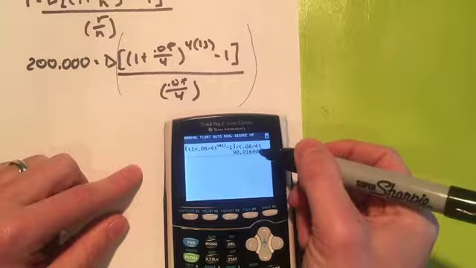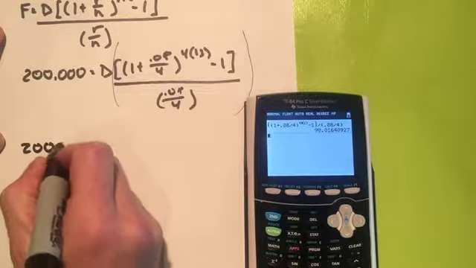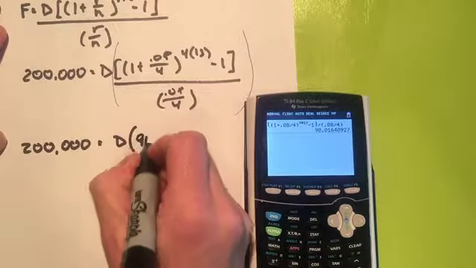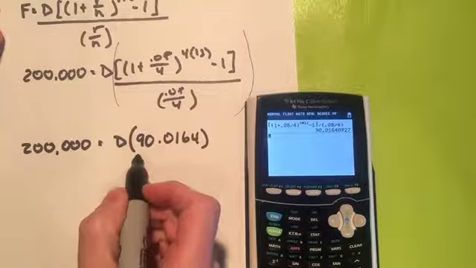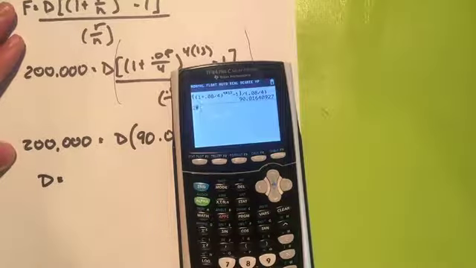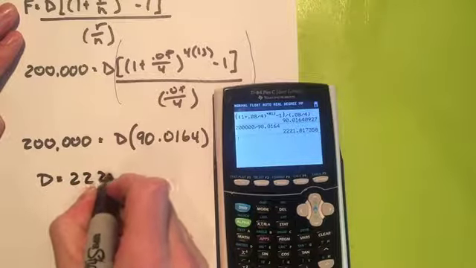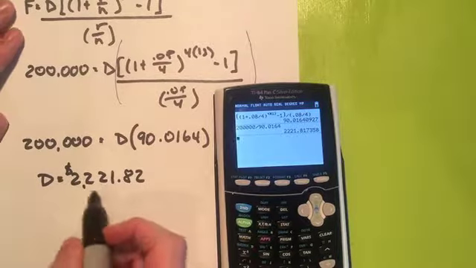I'm going to keep at least 3 decimal places. This gives us 200,000. That becomes multiplication, so we will divide to the other side. We have D.